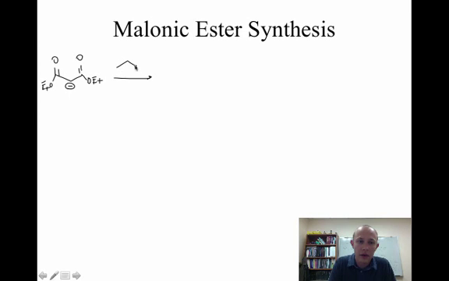We reacted it with an electrophile. I'm just going to abbreviate the aromatic ring with a Ph here. So that lone pair of electrons attacked the carbon, we kicked out our leaving group, and we had our alkylated diethyl malonate.